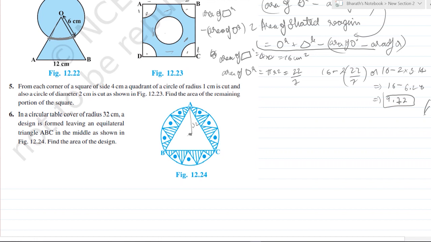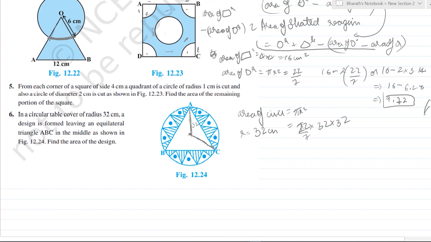So in this case, you can just find the area of circle. Area of circle is equal to pi r square, where r is 32 centimeter. Okay, pi 22 by 7 into 32 into 32.